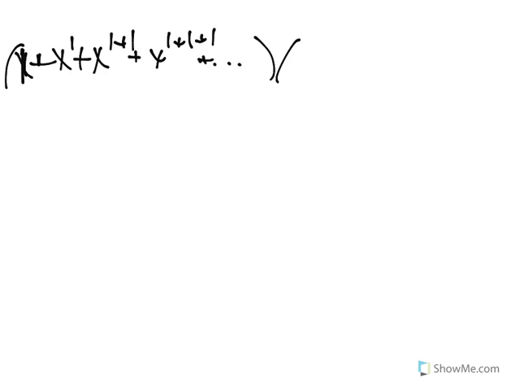The second polynomial, the 1 plus x to the first plus x to the 1 plus 1 plus x to the 1 plus 1 plus 1 going on, 1 plus x to the third plus x to the 3 plus 3 going on, odd numbers all the way down.